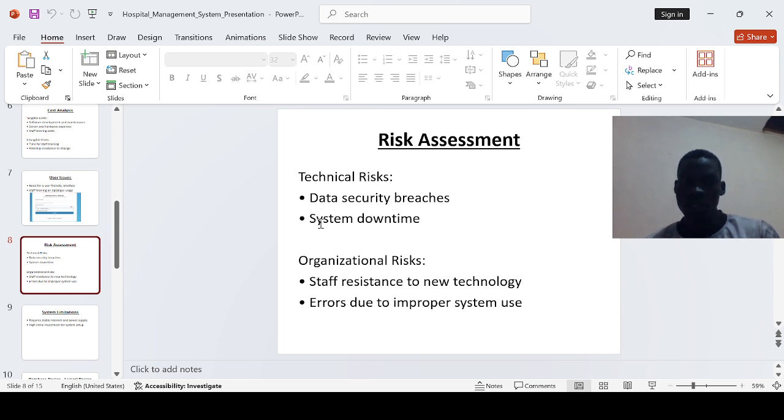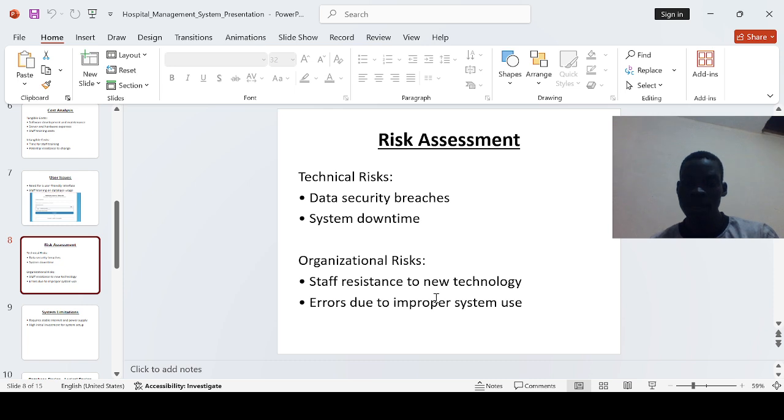Then there is what we call system downtime. For example, if the centralized system got a problem or had some challenges, the whole system could come down and fail to work. This is a very big risk in the organization. Then we have organizational risk, where there could be staff resistance to new technology.